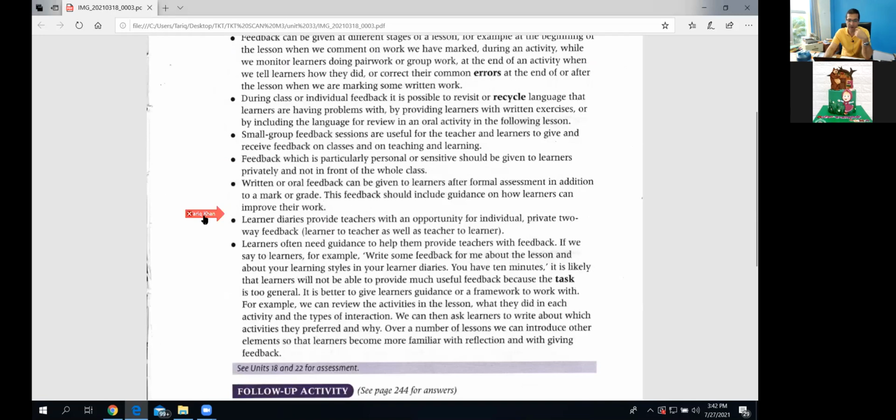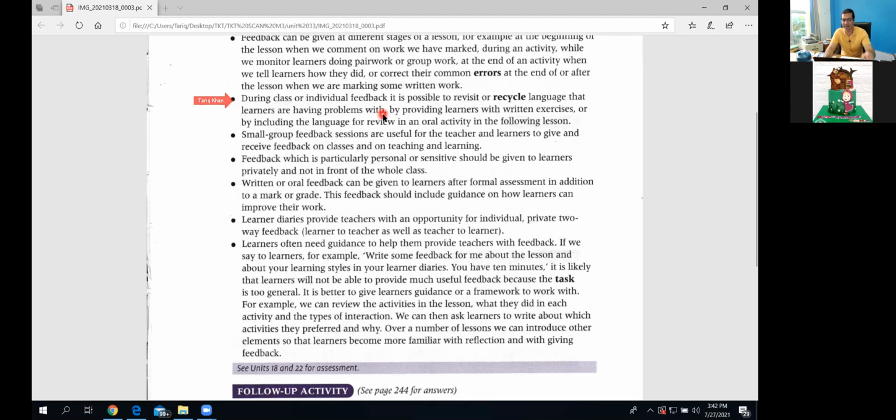Now, during class or individual feedback, it is possible to revisit or recycle language that learners are having problems with. Recycle means you can teach that again, revise what was confusing or what they couldn't do well in that particular area.